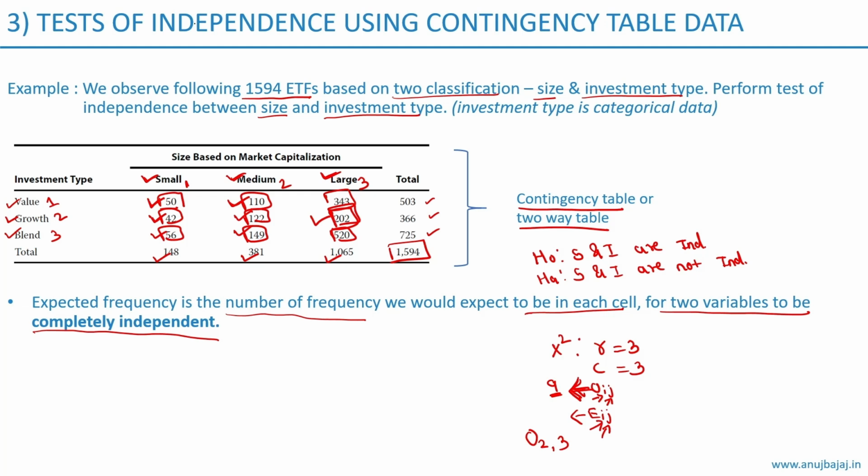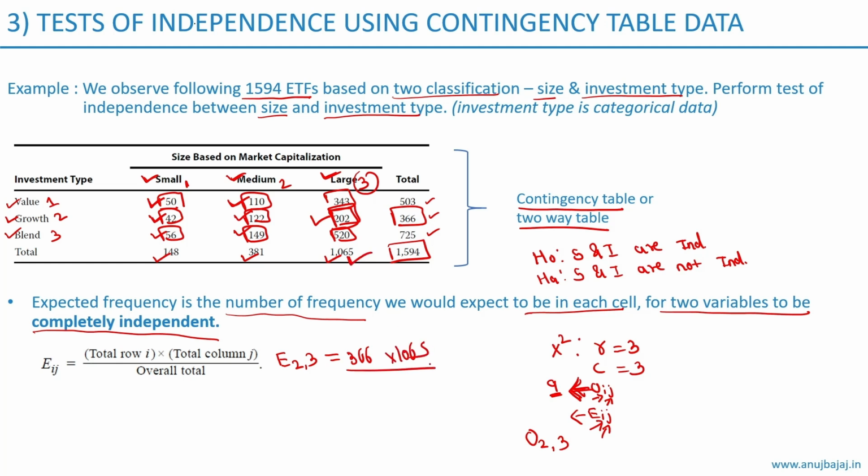Now how do we calculate the expected frequencies? This is the formula of expected frequency. Suppose we want to calculate the expected frequency at row 2 and column 3. We take the total of row 2, which is 366, multiply it by the total of column 3, which is 1065, and divide it by the total number of observations we have, which is 1594.